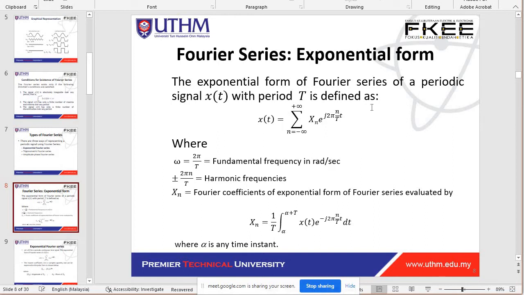Everyone has to remember this formula: x(t) equals the summation of X_n e^(j2πnt/T). Here 2π over T is referred to as omega naught, so we can also write X_n e^(jω₀t). X_n equals 1 over T times the integral of x(t) e^(-j2πnt/T) dt.